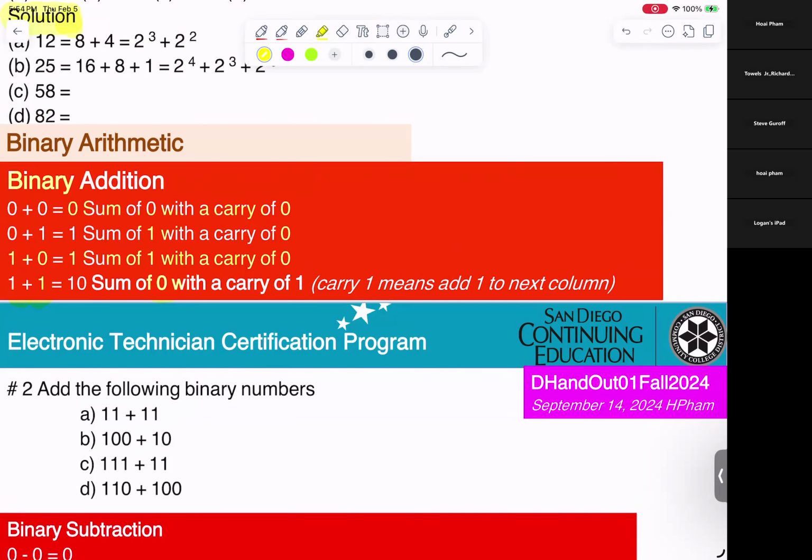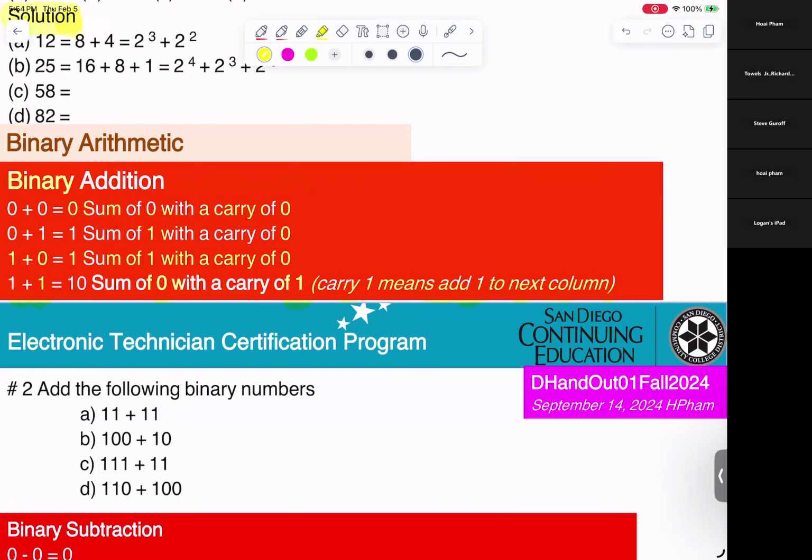Sum 0, but carry 1. Now, what that means? Carry 1 means add 1 to the next column. This is just a formula we have to follow.